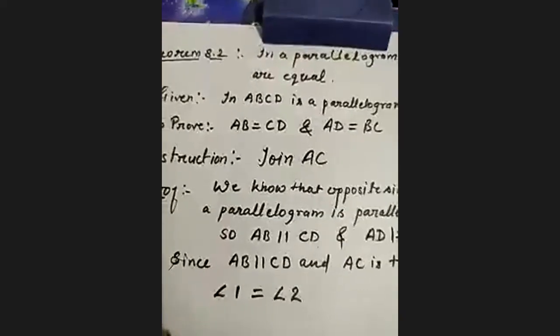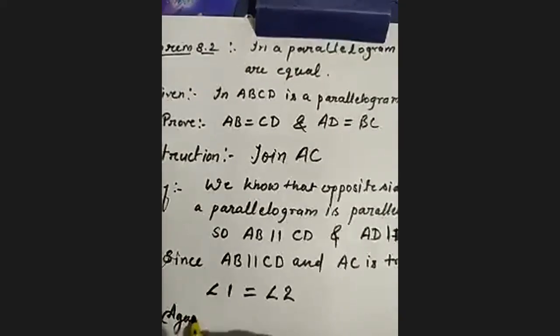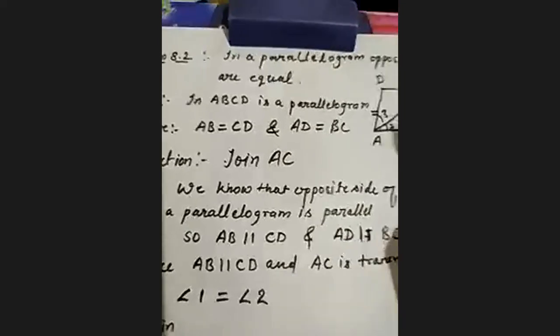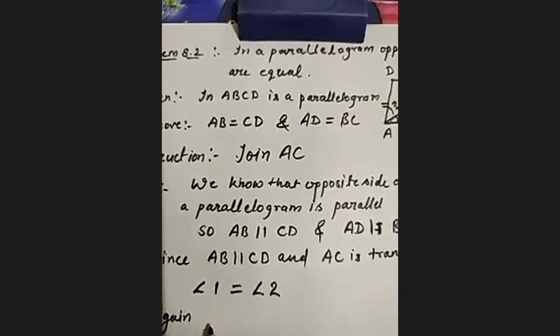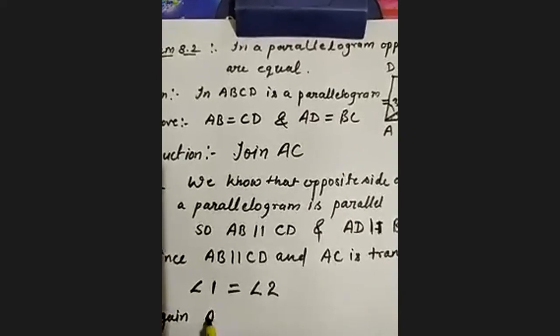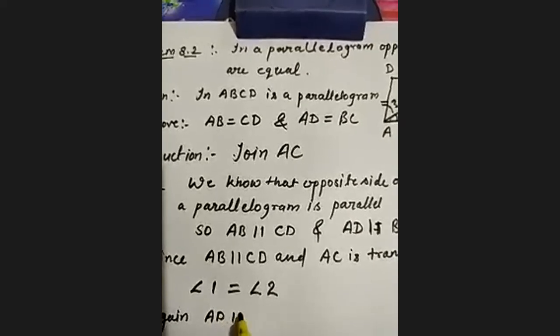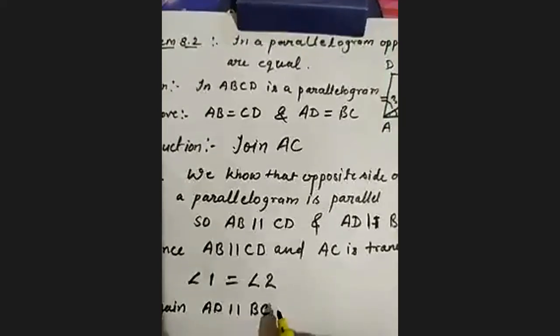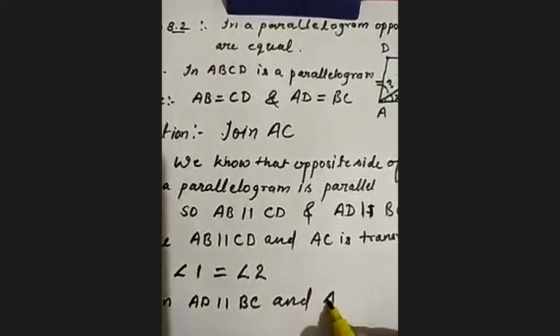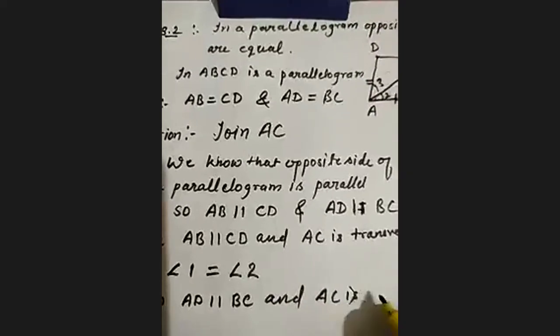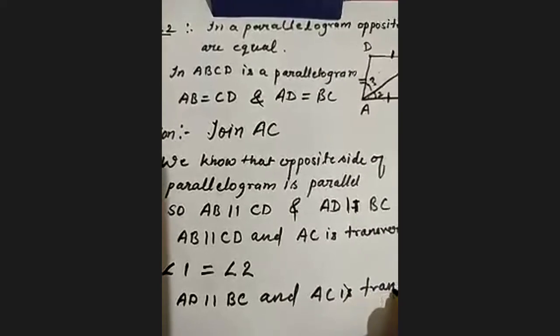In the same way, again you take another two angles, so that AD is parallel to BC and AC is a transversal line.